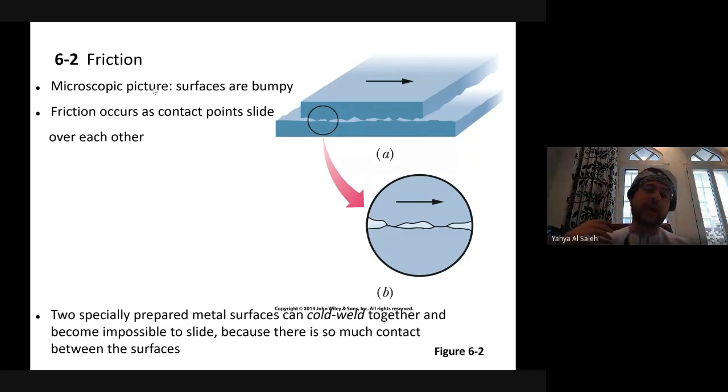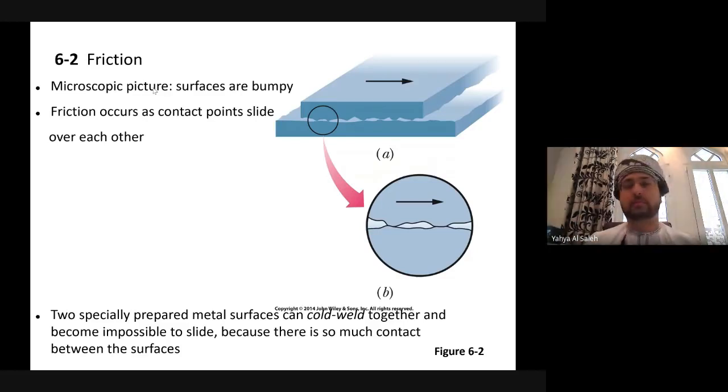When we zoom in using a very nice microscope, we would end up seeing a rather bumpy ride. Now, friction occurs because these bumpy things slide against each other. So like we're used with rough surfaces on a macro scale, but this happens all the time at the microscopic scale.